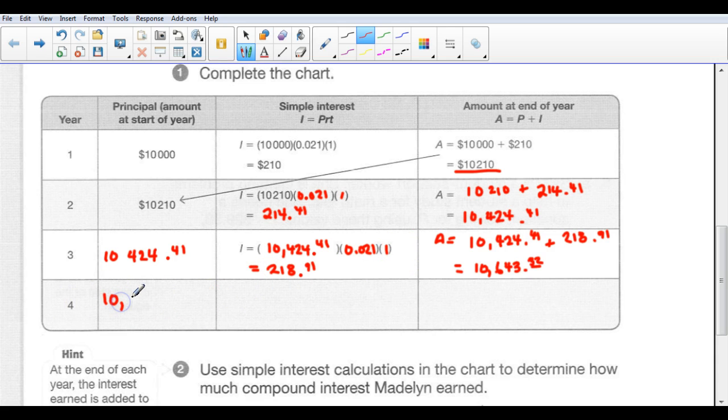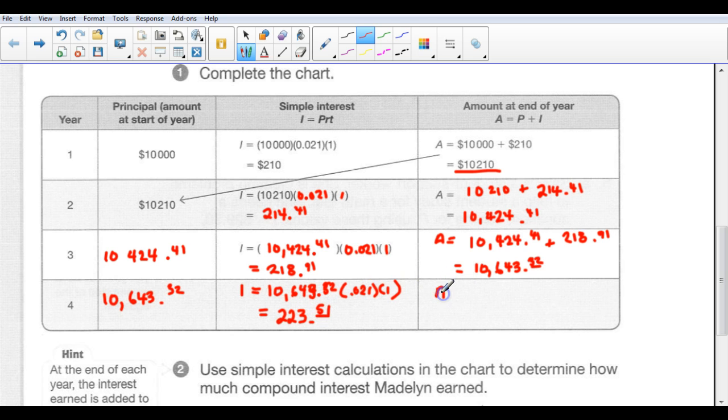So we have $10,643.32 here. The interest she's going to earn is that principal she's starting with in the 4th year, $10,643.32, times the interest rate, 0.021, times 1 year. And that means in that 4th year, she's going to earn $223.51.